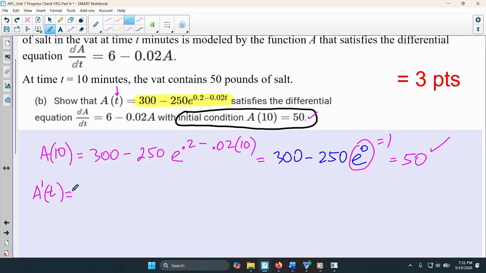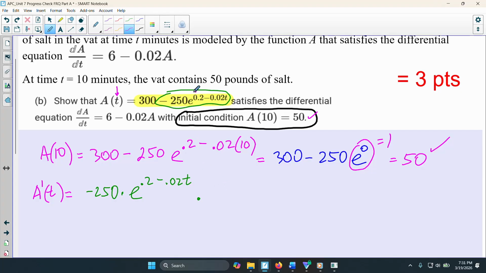All right, so taking a derivative, obviously the derivative of 300 is 0. It's a constant, so it goes away. The derivative of that becomes an exponential right here. The coefficient is negative 250, and the derivative of the e part comes back as itself. So I'm just going to rewrite everything here, e to the 0.2 minus 0.02t, and multiplied by the derivative of the exponent.